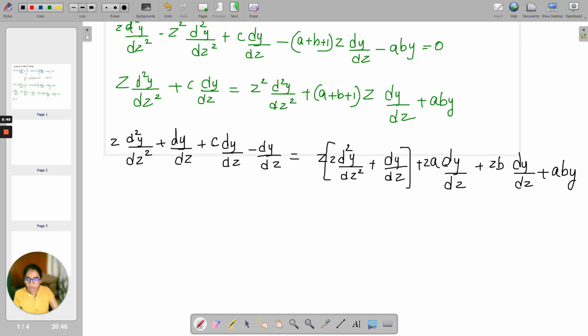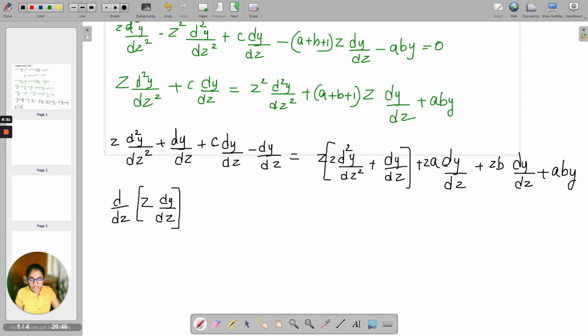Now from here, can I write it as d by dz of z dy by dz? When you differentiate, you keep dy by dz as it is and differentiate z, you get dy by dz. You keep z as it is and differentiate dy by dz, you get d square y by dz square.